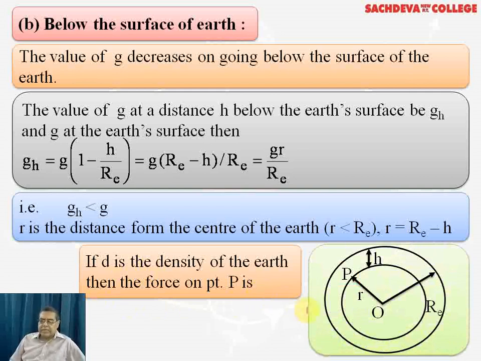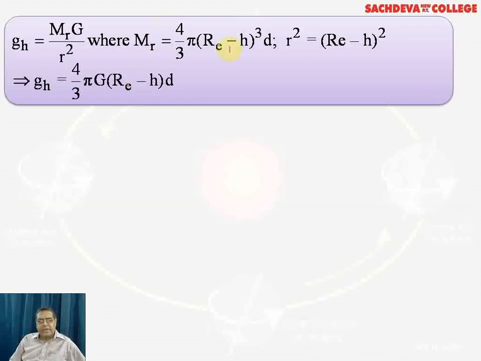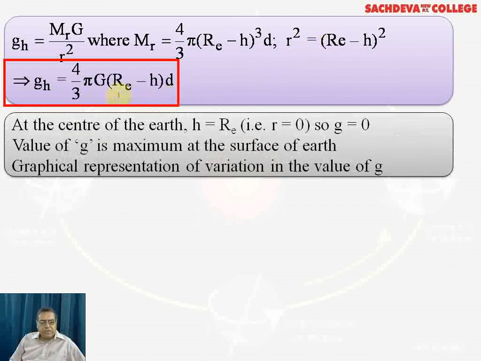Volume can be taken as 4 over 3 pi r cube. This is indicated in the next portion, that is, Gh is G mR over r square, where mR is 4 by 3 pi RE minus h whole cube into D. Basically, mass is volume into density. We put those values here, and we estimated the value of r square. And Gh will be equal to 4 by 3 pi G into RE minus h into D.